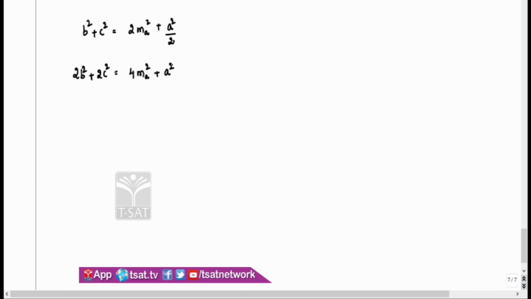We have multiplied it with 2 on both sides. From this, if you try to get ma, ma square is equal to 1/4 of 2 times of b square plus 2 times of c square minus a square.